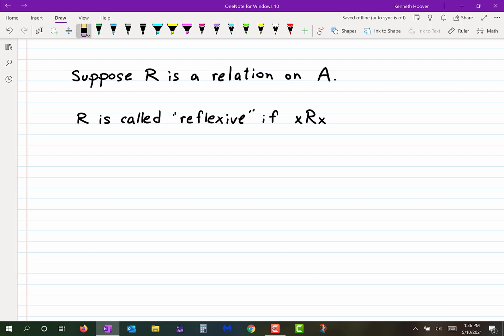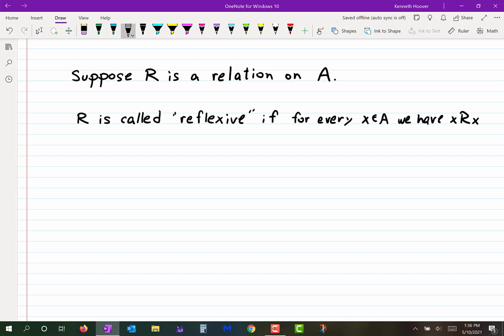Actually, I'm going to word it like this. If for every x in A, we have x is related to itself.